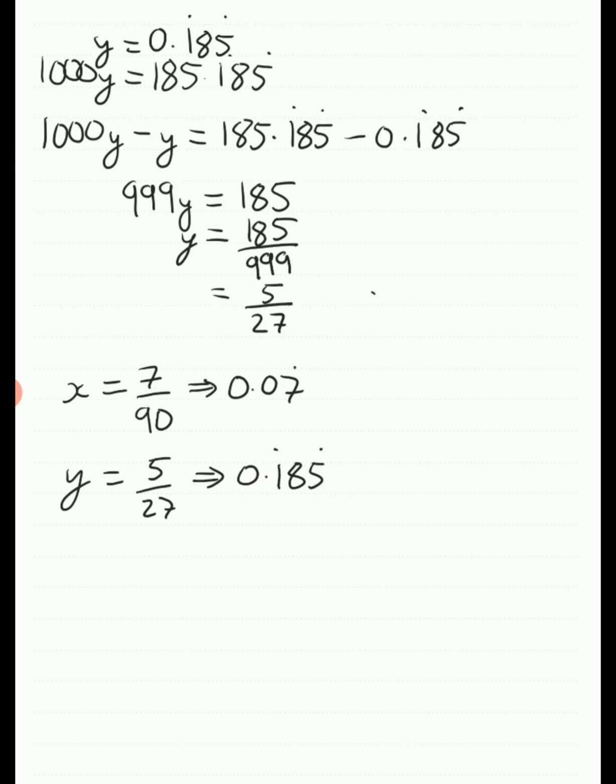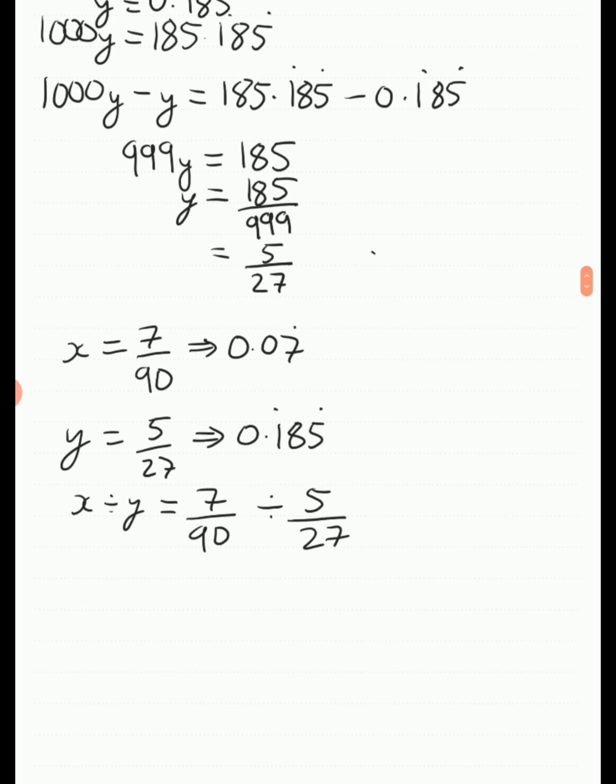So if we're doing 0.07 recurring divided by 0.185 recurring, it is the same as doing x divided by y, which in this case would be 7/90 divided by 5/27.